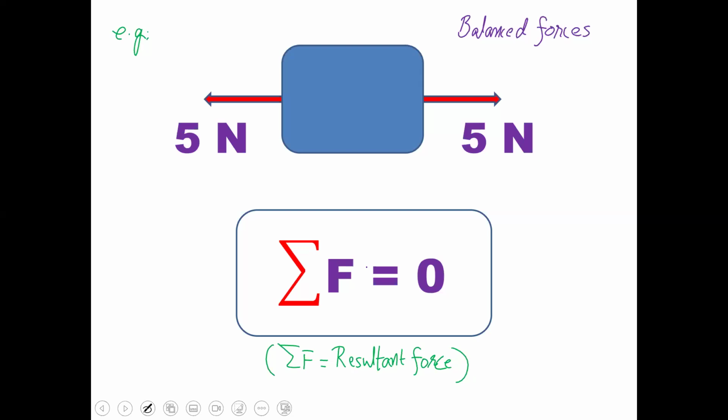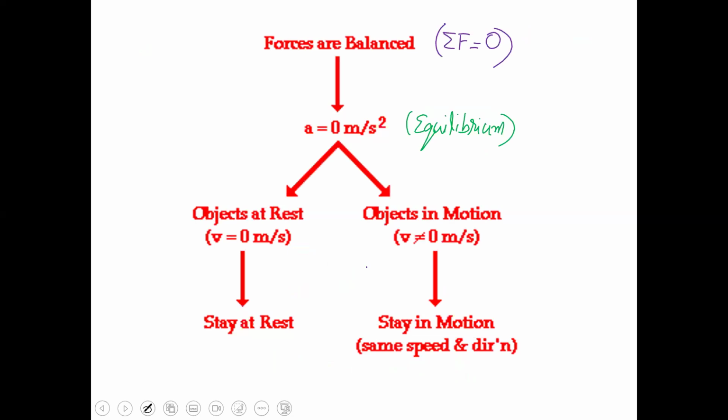Because both are cancelling out, both vectors cancelling each other. And if the resultant force is zero, acceleration will be zero. When something has zero acceleration, it means the system is in equilibrium.